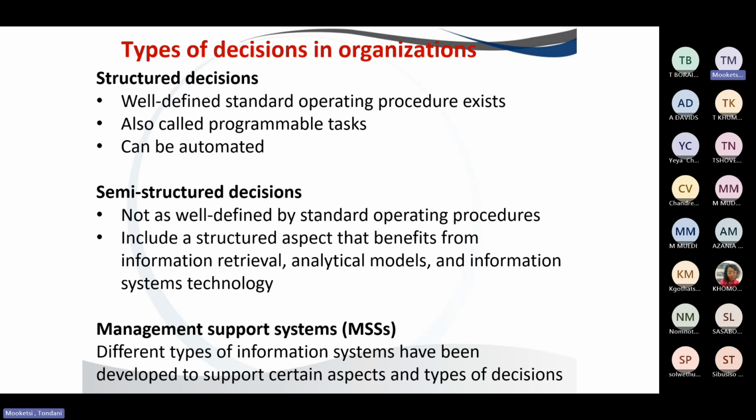Maybe they look at your credit score, your credit history, how much you earn, your ability to make payments, things like that. So those type of decisions can be automated. Then the system makes the decision without human intervention.